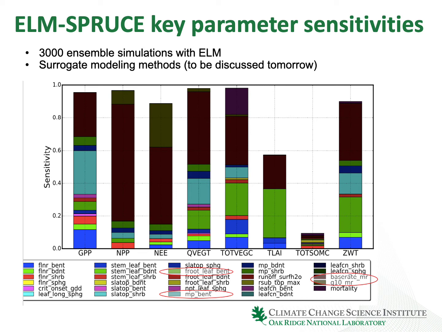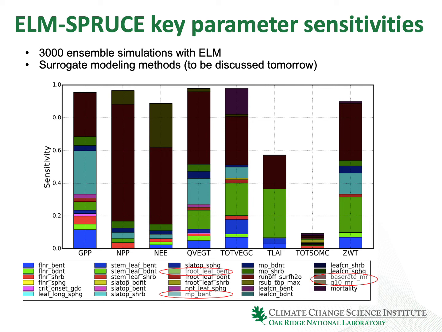And BENT there stands for the plant functional type, so that refers to the spruce trees. And so that spruce photosynthetic capacity is quite important for GPP. And we can also see this MP_BENT, so that's the model conductance slope parameter, which is also quite important.